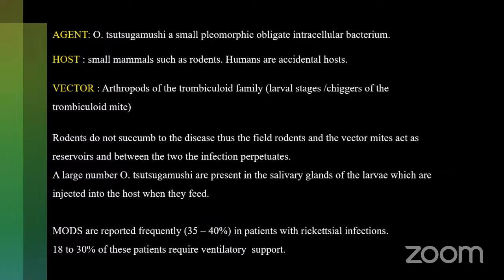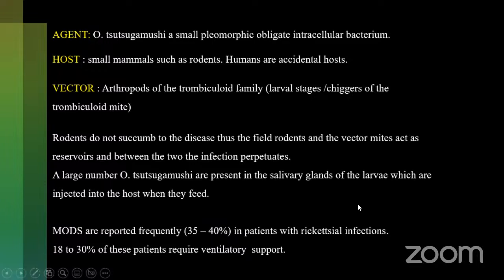So large number of these bacteria are present within the salivary glands of the larva, and that is injected into the host when they feed on them. So the rodents, which are the hosts and also the vector mites, they do not succumb to the disease. So they act as reservoir, and the infection kind of perpetuates between the two.